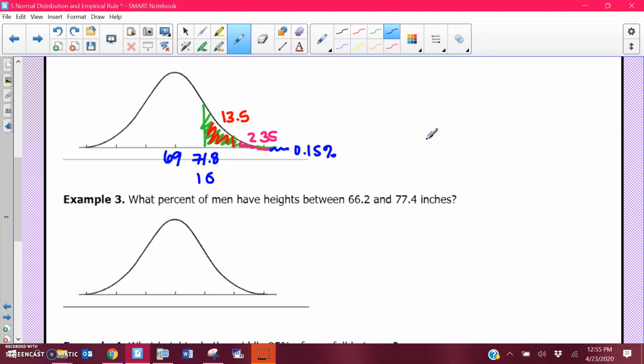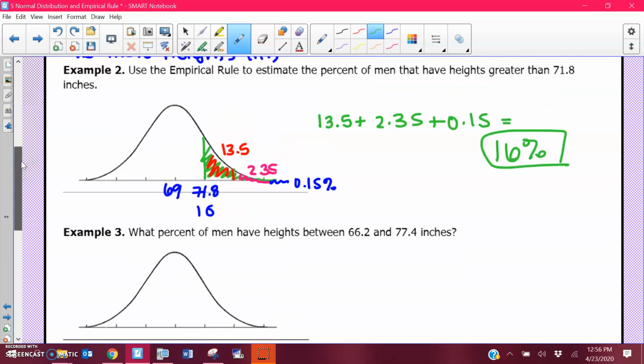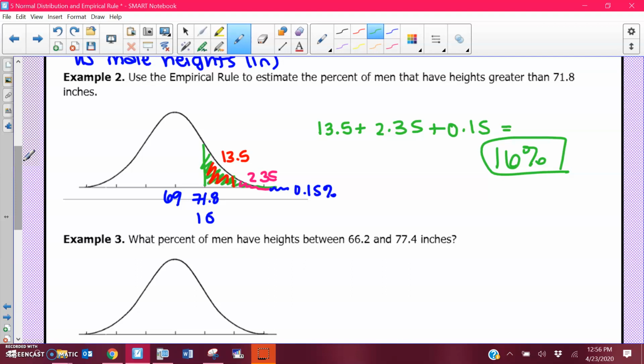So all I'm going to do here is add all of these numbers together, and that's going to give me that shaded part under the curve. So 13.5 plus 2.35 plus 0.15 is 16%. So approximately 16% of men have heights that are greater than 71.8 inches.